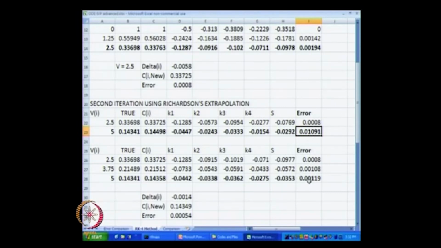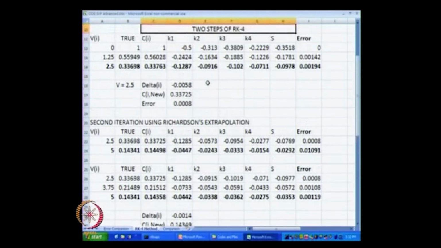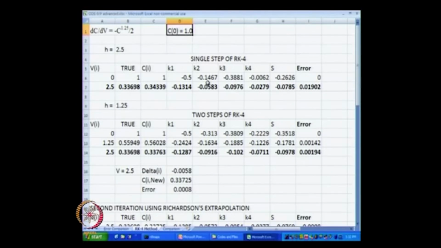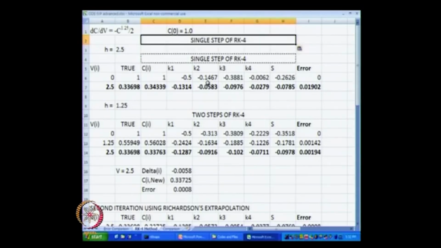So we have improved the accuracy from 10 to the power minus 3 to 10 to the power minus 4. What this allows us to do essentially is this: it allows us to take larger step sizes when we try to do these computations using the RK method, okay. So this is really what I had to discuss about the Richardson's extrapolation.